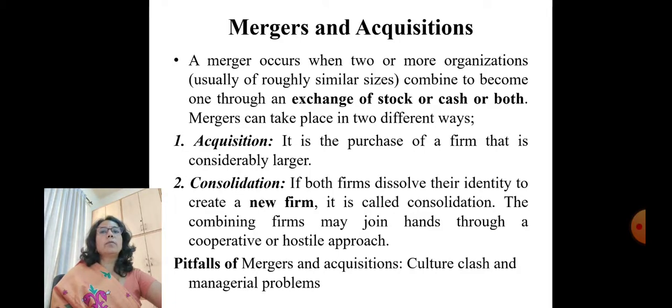The combining firms may join hands through a cooperative or hostile approach. A friendly merger takes place when both firms agree to combine their might in order to gain certain synergistic benefits like marketing synergy, operating synergy, investment synergy, management synergy.